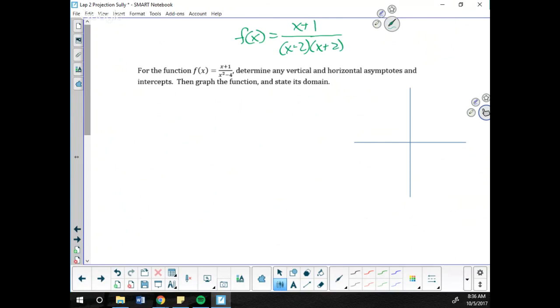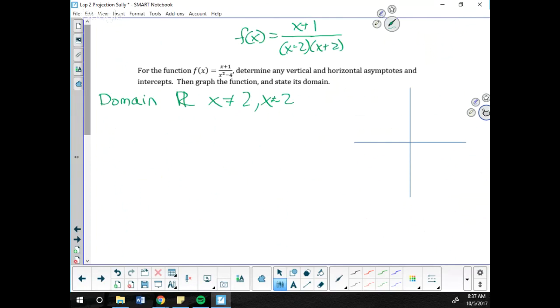So, okay, domain. Factoring helps us find the domain a little bit easier, right? Look at somebody next to you and tell them what the domain of this function is. All right, I heard all real numbers except x is not equal to 2 and x is not equal to negative 2.